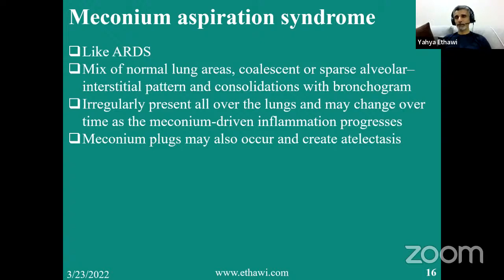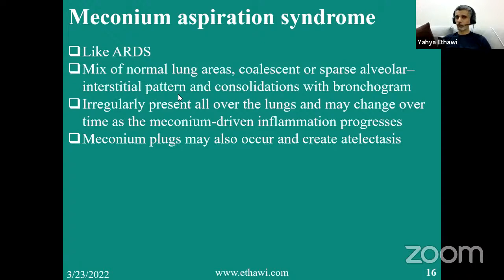It is a disease of space change, so it's a coarse or irregular pathology. So it's a mix of normal lung or grade 1 to grade 4. So you see grade 1, then you can see grade 4, and so on. You can see coalescent or sparse B lines.